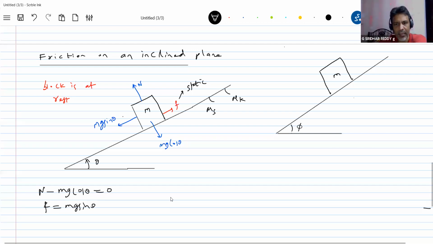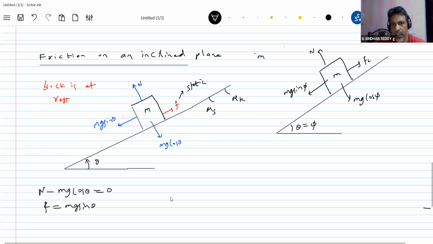I'm giving a different symbol: theta there, here it is phi. So theta equals phi. At this specific angle, mg sin phi, the limiting friction is going to act, mg cos phi. So here, what is the state of the block? The block is at rest. Here, I should use the words motion impending.